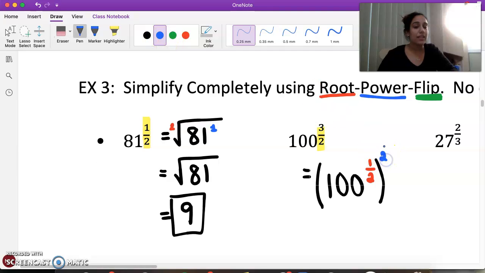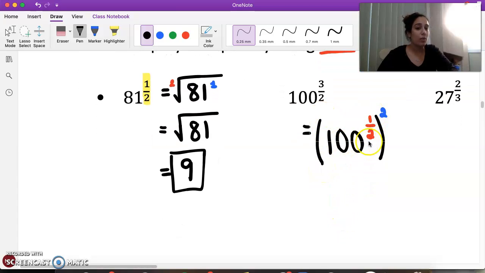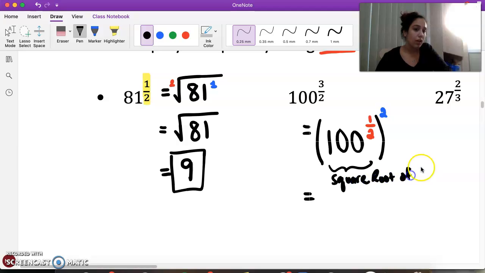it makes it easier to evaluate because, well, let's see what happens. 100 to the 1/2 power is what? What's the square root of 100? This means the square root of 100. So what is the square root of 100? The square root of 100 is 10.